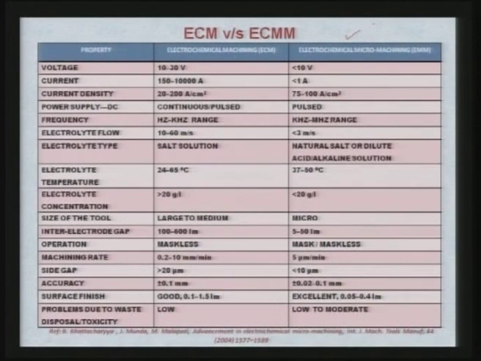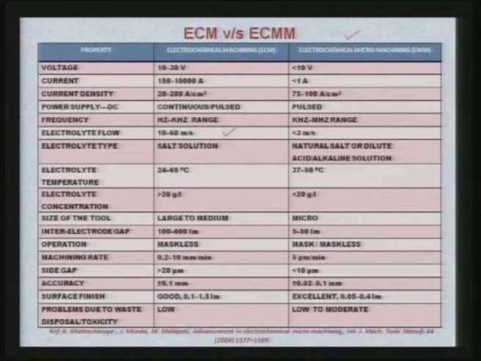Frequency is in terms of kilohertz in electrochemical machining, that is macro machining, and it may be as high as megahertz in micro machining. Electrolyte flow rate is quite low in micro machining, normally less than 3 meter per second, while it is quite high in macro machining, 10 to 60 meter per second.